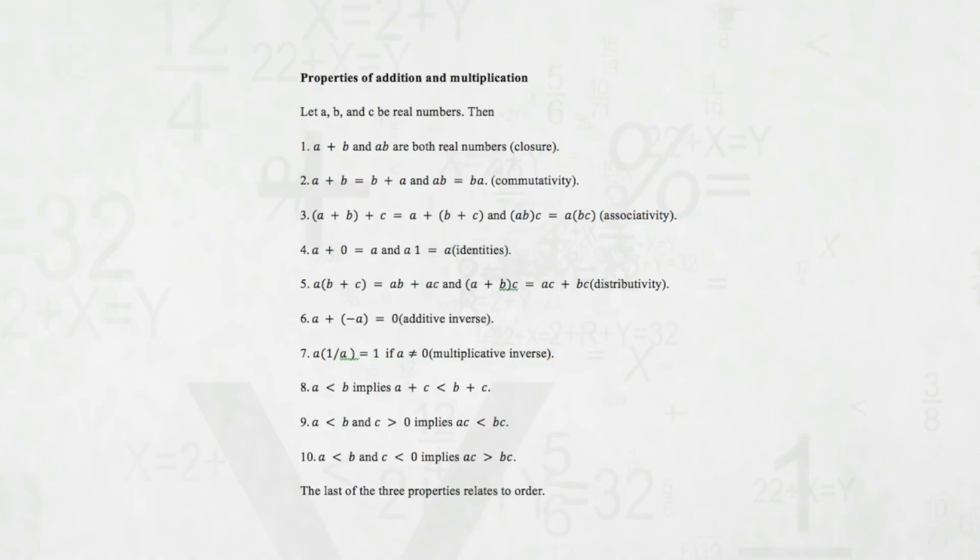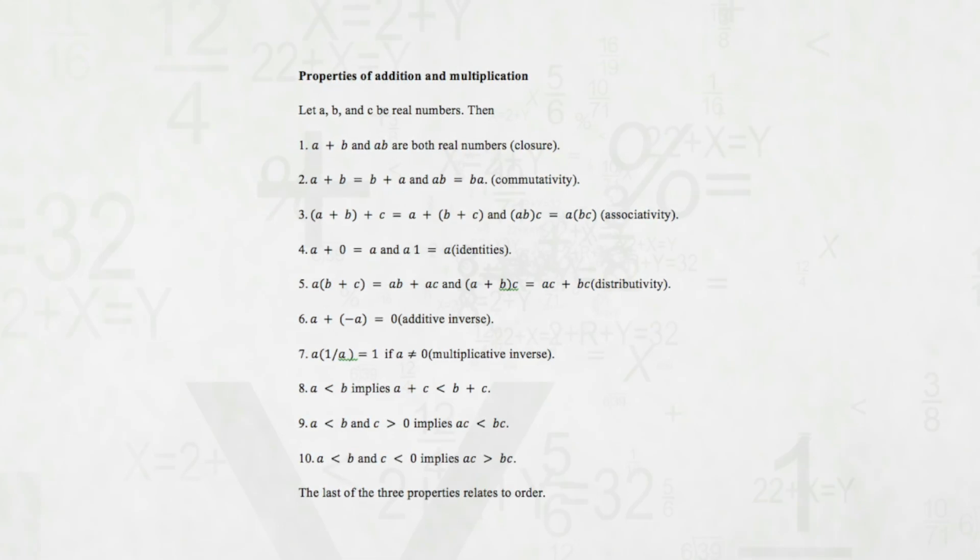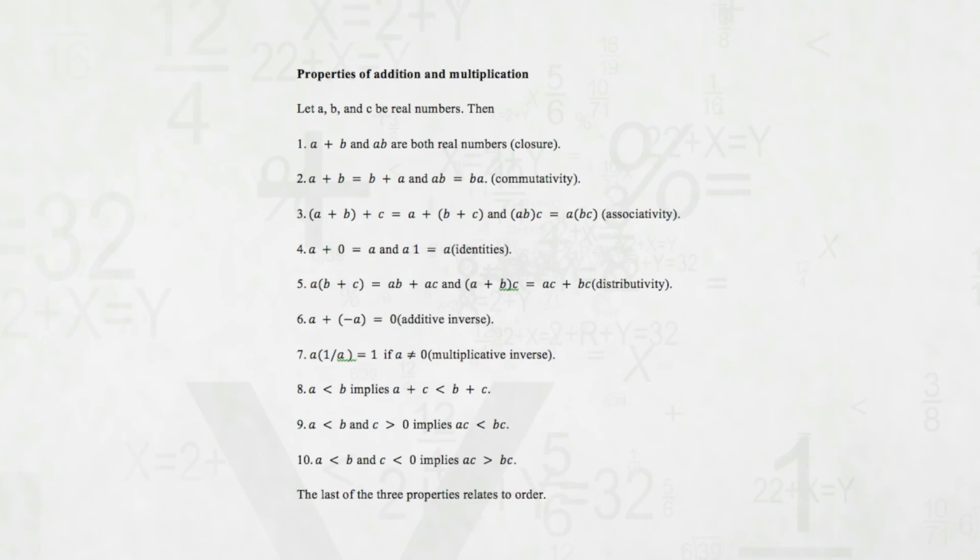The basic mathematical operations, addition and multiplication, satisfy a number of important properties. We shall discuss the properties now. Let us take a, b, c to be real numbers. Then the first property is closure: a plus b and ab are both real numbers.